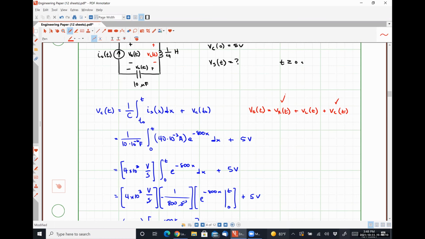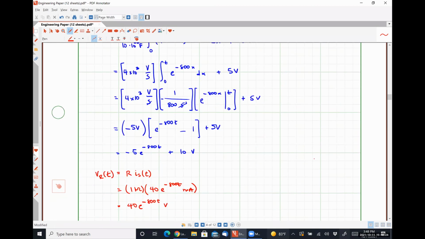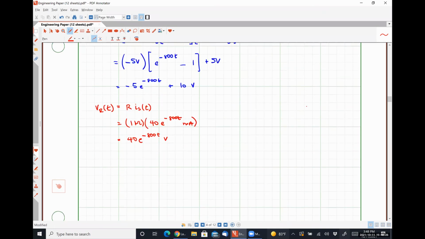So how do we figure out what that inductor voltage is? Exactly right. So Jenny, I believe that was Jenny talking, says that the voltage drop over an inductor is the inductor value times the derivative of the current flowing through the inductor, which is absolutely correct.